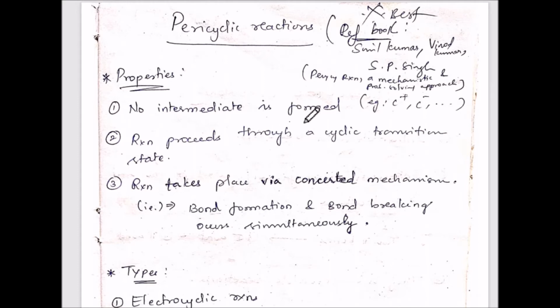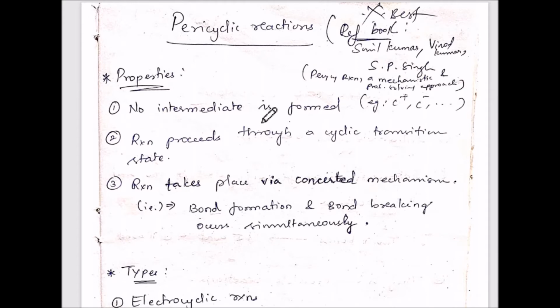Normally in organic reactions you see intermediates like carbocation, carbanion, carbenes, nitrenes, etc. But in pericyclic reactions no such intermediates are formed.